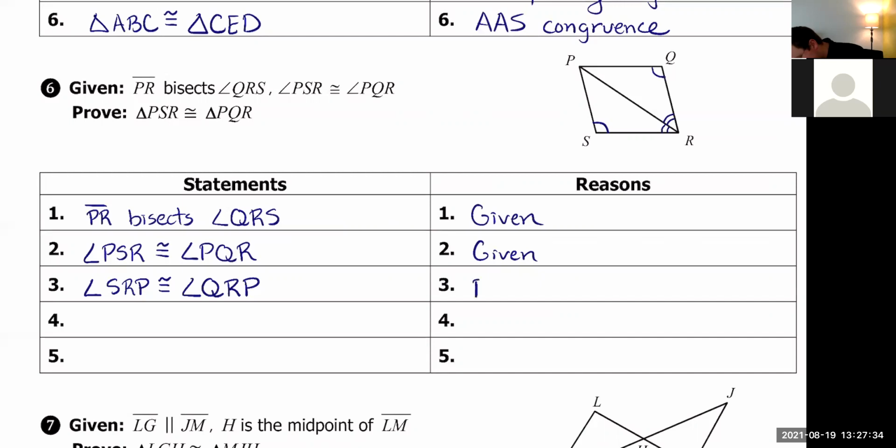Definition of bisect. Okay. So we have two sets of congruent angles. Now we just need a set of congruent sides that's not between those two angles. Aha. You saw it this time. PR is congruent to PR. And why is that? The reflexive property.